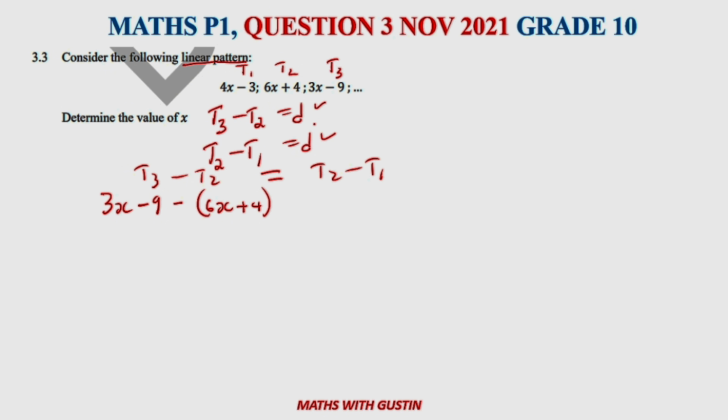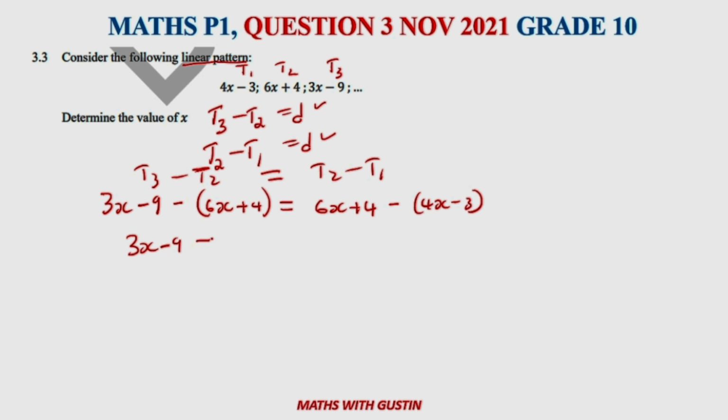Why? Because the d's are the same. So it's basically what I'm doing here, guys. T2 minus T1. There you go. So therefore, the only thing we need to do now is to deal with the algebra.